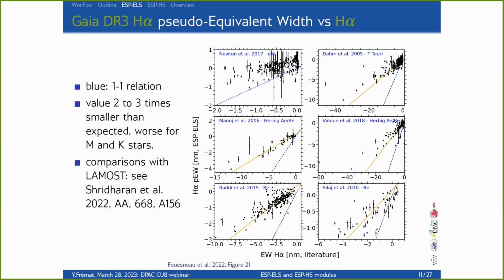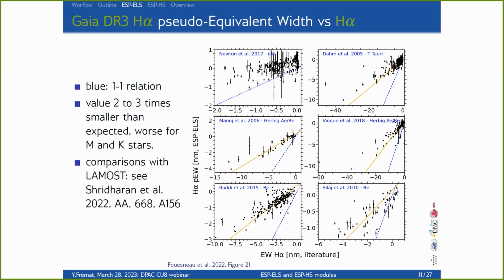Anyway, one philosophy we followed is that we didn't apply any post-processing to the values and classifications provided by the ESP-ELS package, because I think they can still be worse if we want, for example, to study chromospherically active M-type stars.